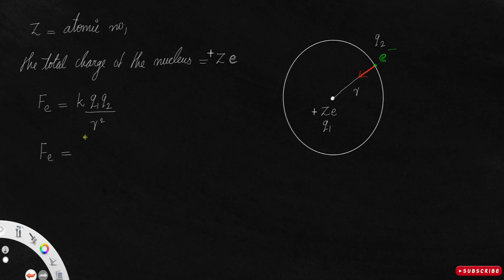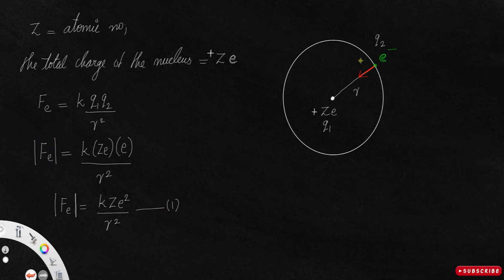So F is equal to K into Ze into e, I'm not taking the negative sign. We are interested only in finding the magnitude of the force, divided by r square. So Fe will be KZe square divided by r square. Okay, that's the magnitude of the force. Let's call that equation number 1.